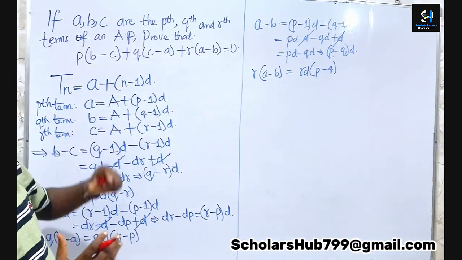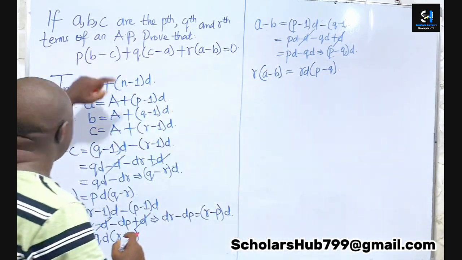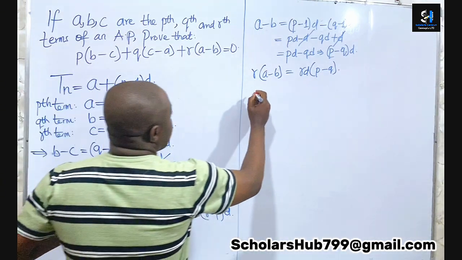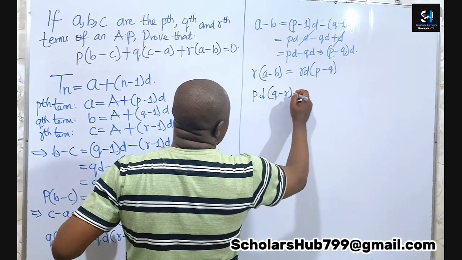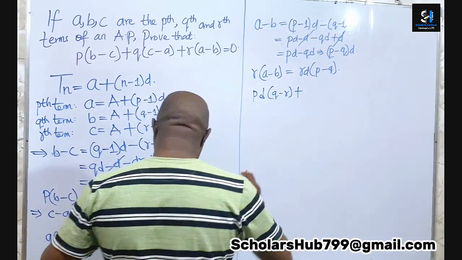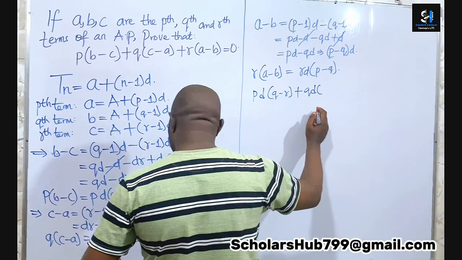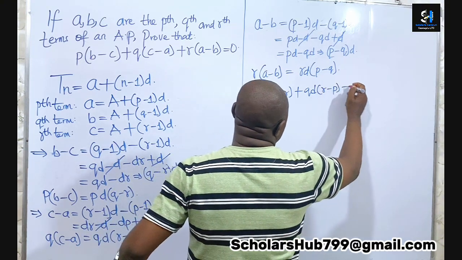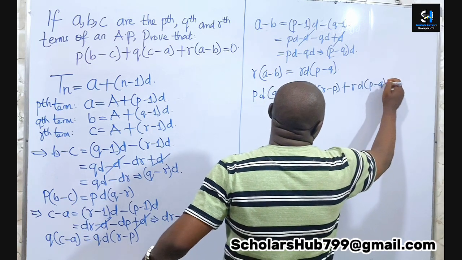That's what the question is all about. So for the first one, p(b minus c), we got pd(q minus r), then plus the second expression, qd(r minus p), then plus rd(p minus q).